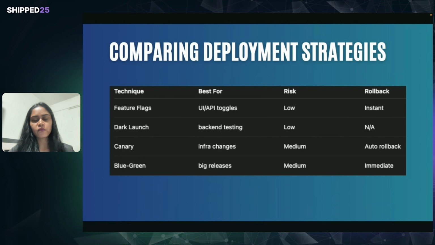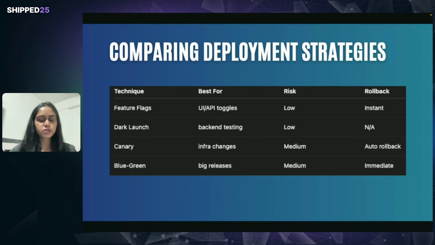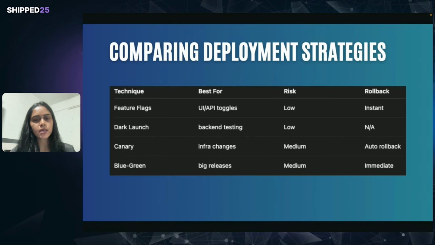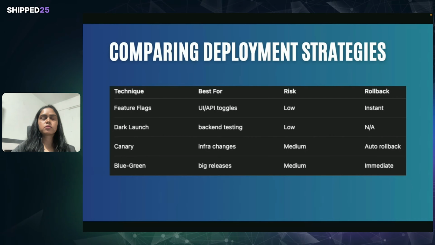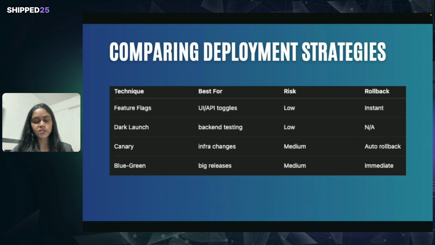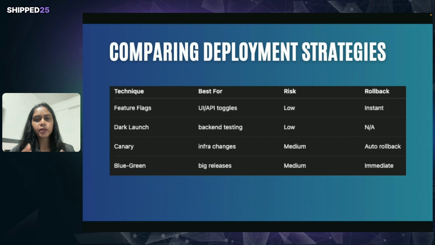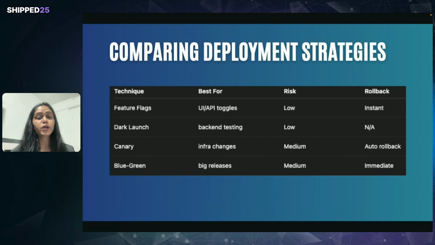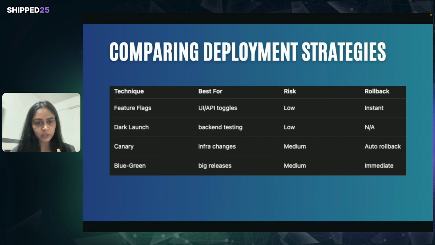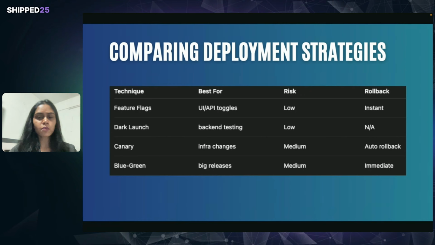For example, dark launch for the backend, controlled flag exposure using the flags, canaries for the deployment, and blue green as a final safety layer. By combining all these strategies, you can be more comfortable with the deployment and more predictable. You will have a more controlled and stress free production. So this is all about this particular table.